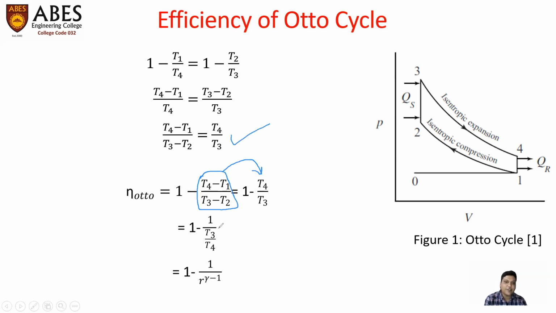Now, rearranging this expression, it becomes 1 upon (T3 divided by T4). From the previous expression, we found that T3 divided by T4 is equal to r to the power gamma minus 1, where r is the compression ratio. Finally, the efficiency of the Otto cycle comes out to be 1 minus 1 divided by r to the power gamma minus 1.